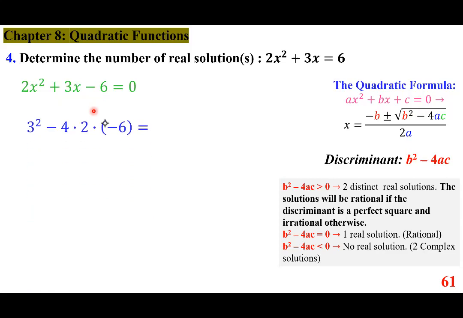Let's calculate b squared minus 4ac. This is 9, this is 48. They add up to a positive value, and therefore there are 2 real solutions because we have a positive value.